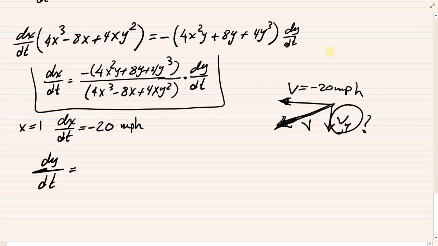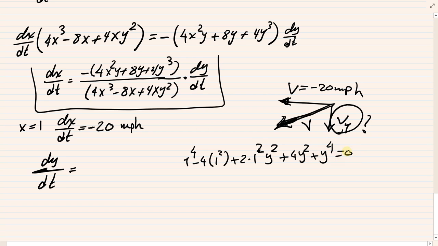So I'm plugging in again for x in the original equation. The original equation is x to the 4th minus 4x squared plus 2x squared y squared, plus 4y squared plus y to the 4th equals 0.